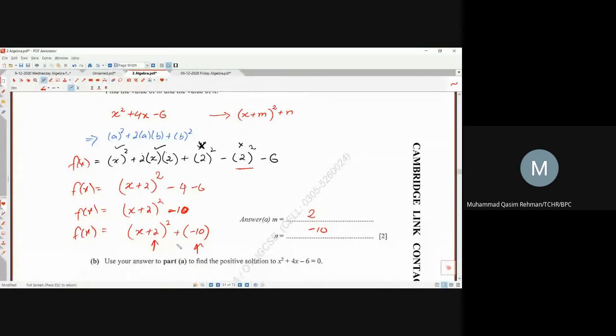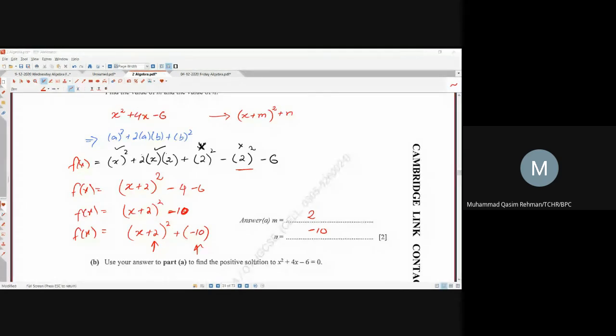So see, we are not using the completing the square method just for factorization purposes. We can use it for this particular type of question as well. Are we good? Any questions? No, sir. Okay, in the next lesson, we shall proceed further.